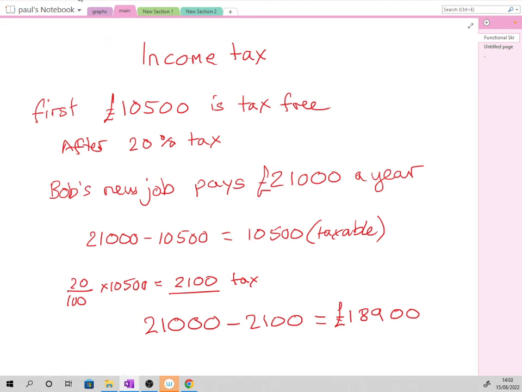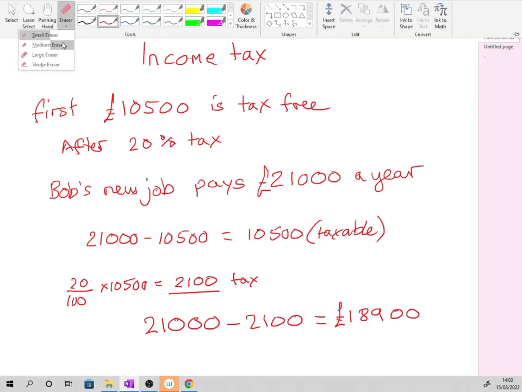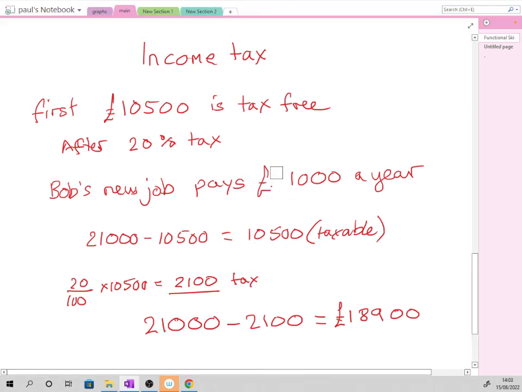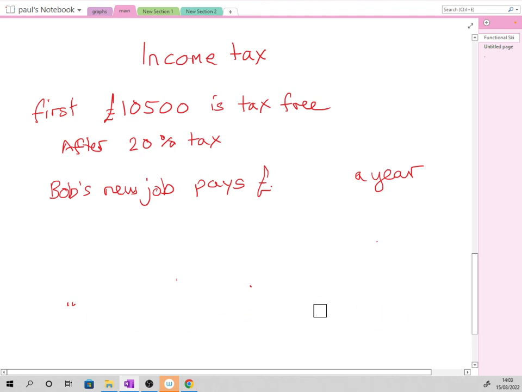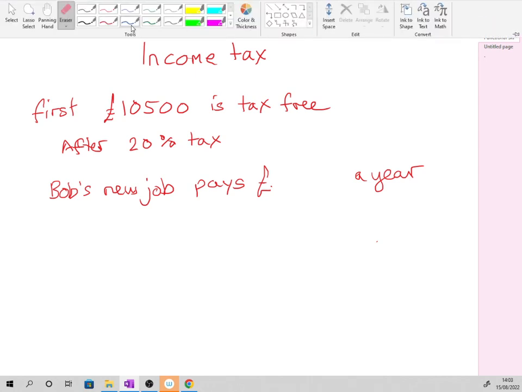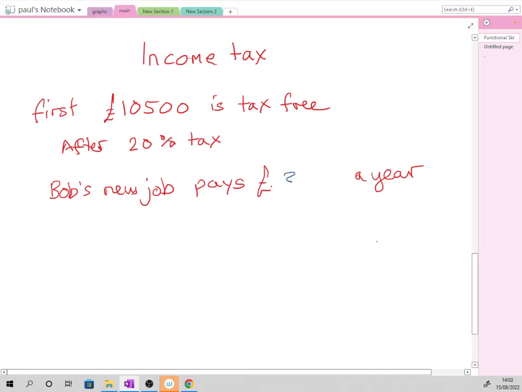Let's have Bob getting another job, shall we? So we don't need any of that. Still 20% tax, yeah? So Bob, he's gone up in the world now. Bob gets a job for £35,000. Fantastic, yeah?